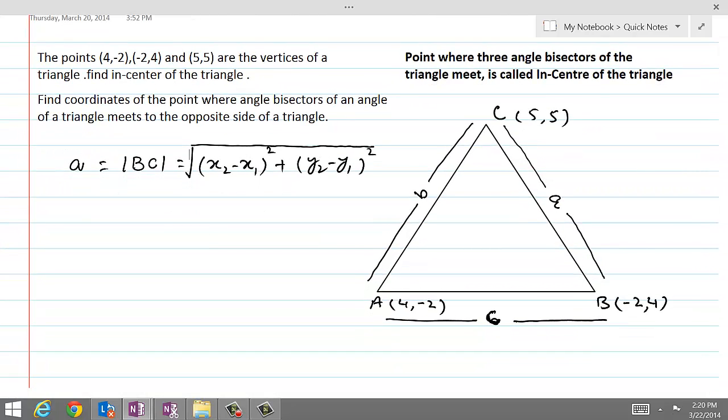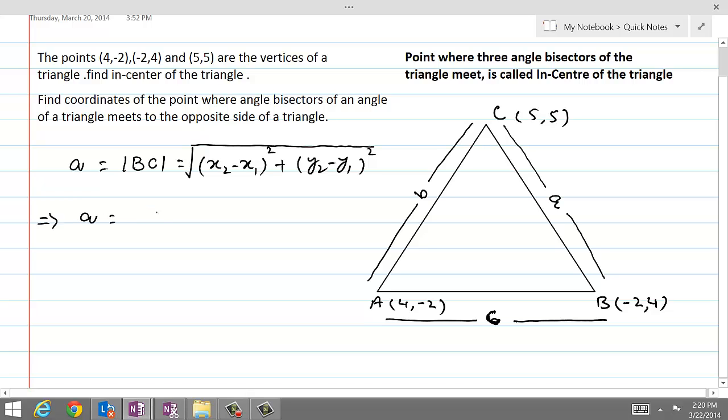So a is equal to the square root of (5 plus 2) whole square, because 5 minus -2 becomes 5 plus 2, plus (5 minus 4) square.